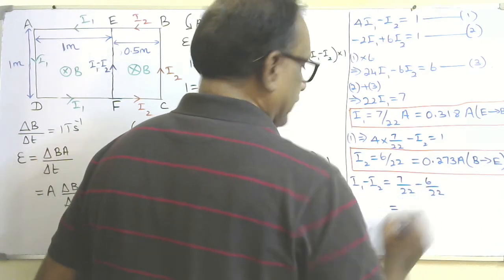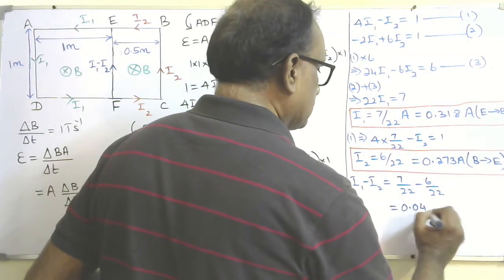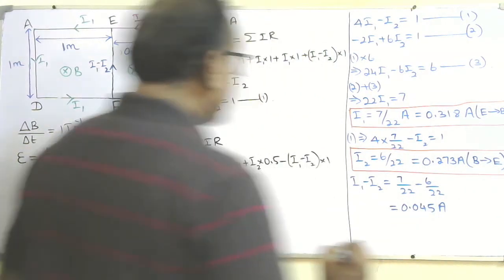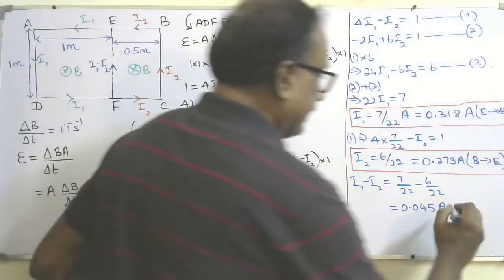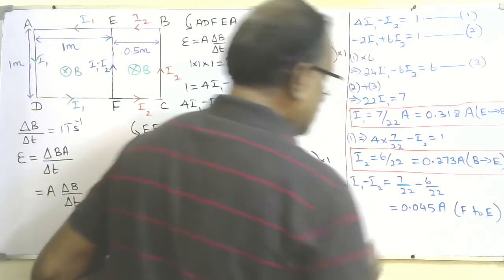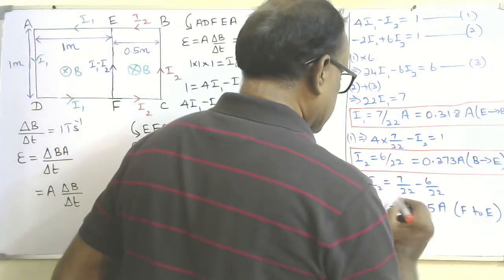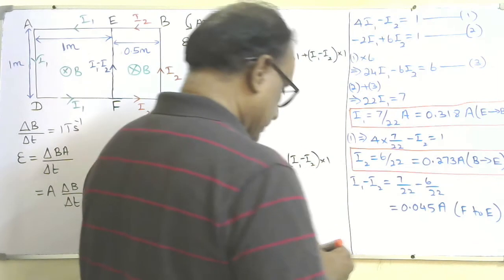That is 1 over 22, which will be 0.045. So the current direction is F to E. That's the direction. So we found all the answers. That is I1 minus I2.